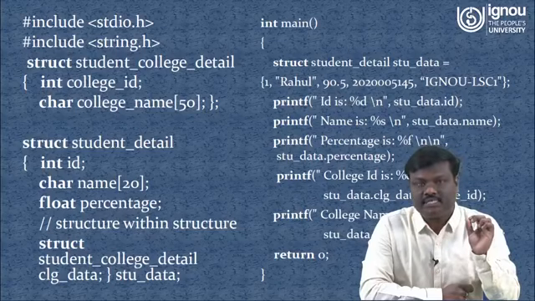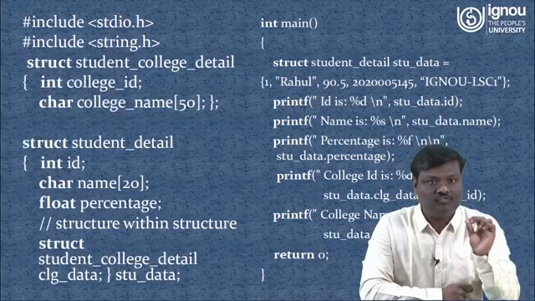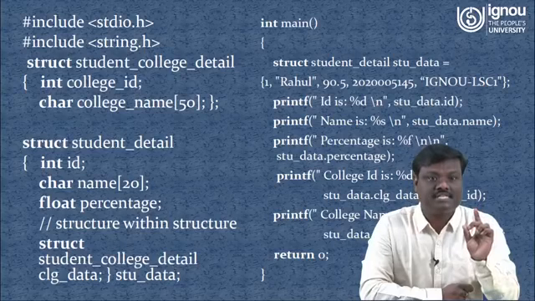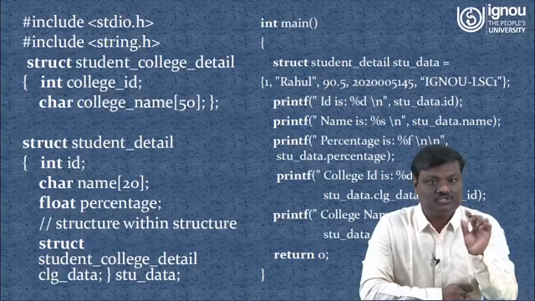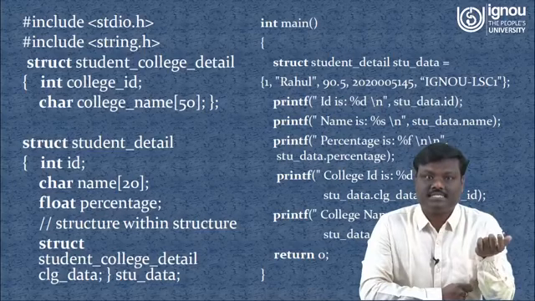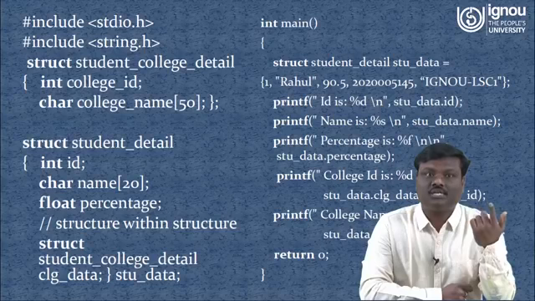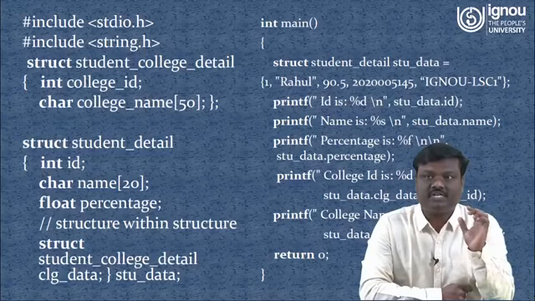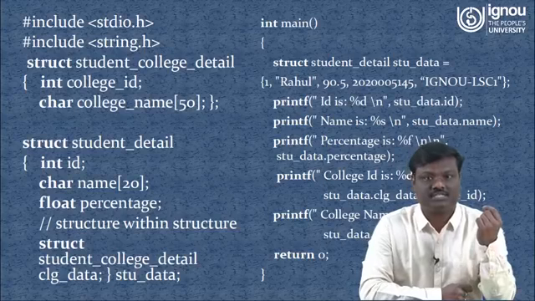You can see here two dots are being used, one for the stu_data and the other for the clj_data. So first access the main word, that is stu_data.clj_data and then .college_id. In this way you have to access the members of the structure within the structures.